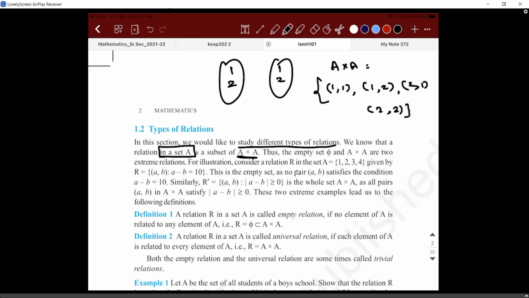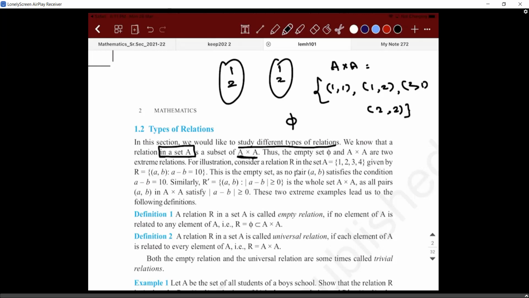So you have learned something called the power set. When you talk about the subsets of a given set, the null set and the set itself are also subsets. You know this fact, right? So I can say the null set is one of the subsets. When I write the null set, mathematically it means 0. But what does it mean in terms of relation?